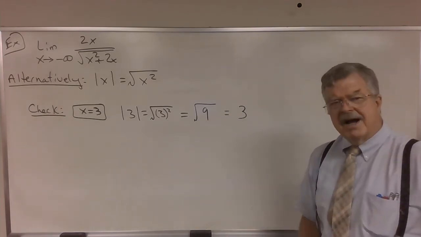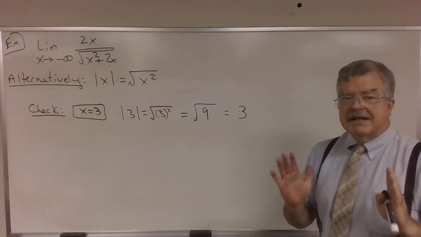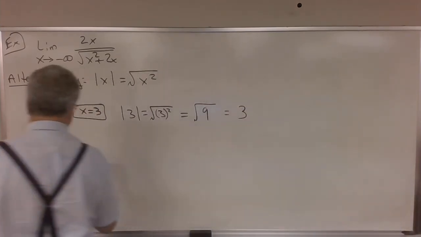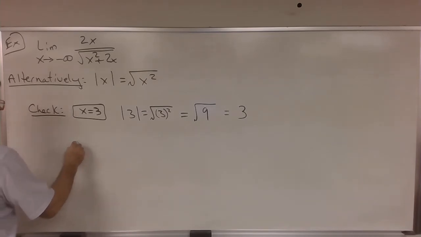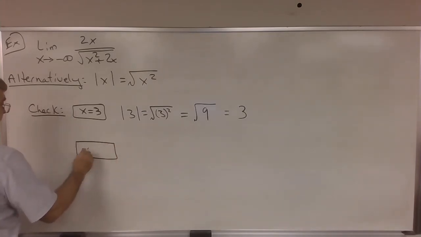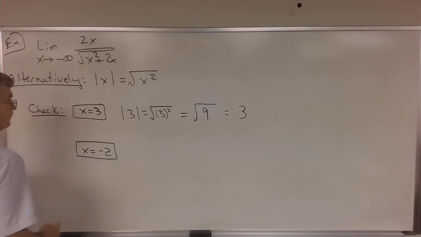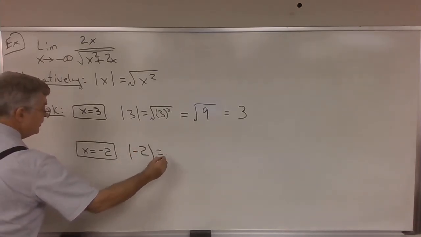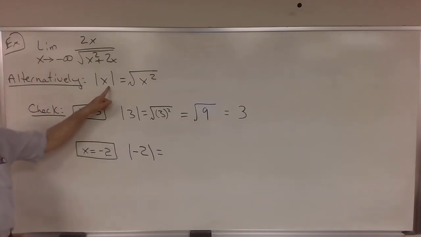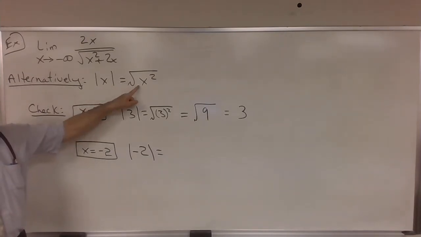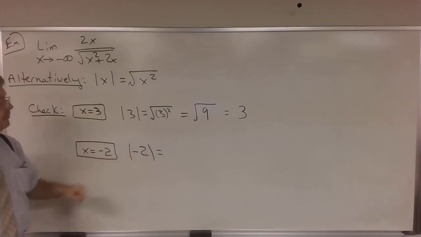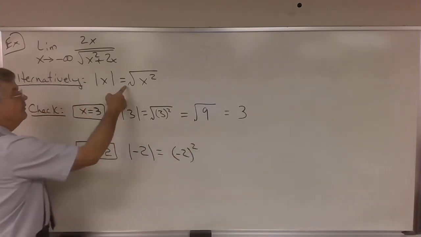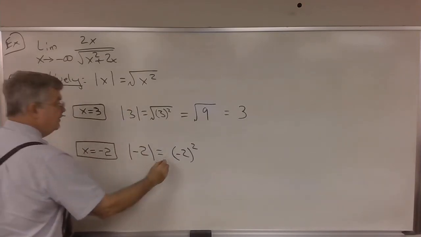Well, it works for positive numbers. Let's see if it works for negative numbers. So we'll try the same case that we tried before. X equal negative 2. And we have the absolute value of negative 2. According to this definition, we take negative 2 and square it. And then we take the square root.